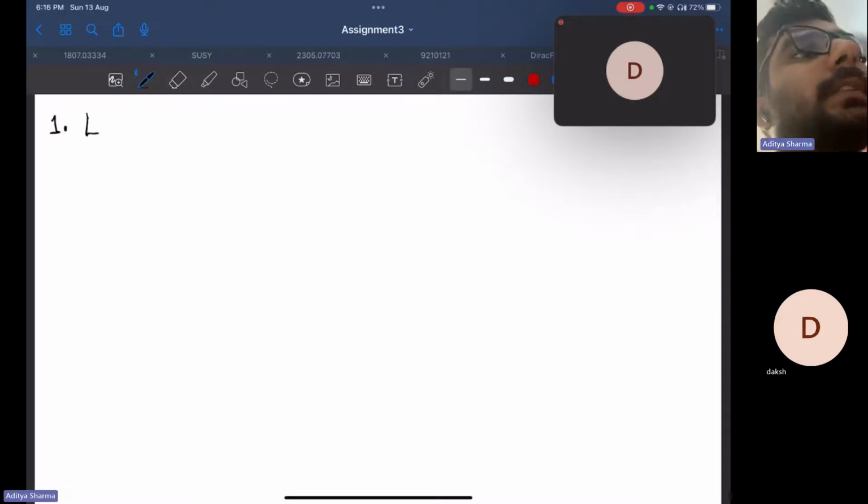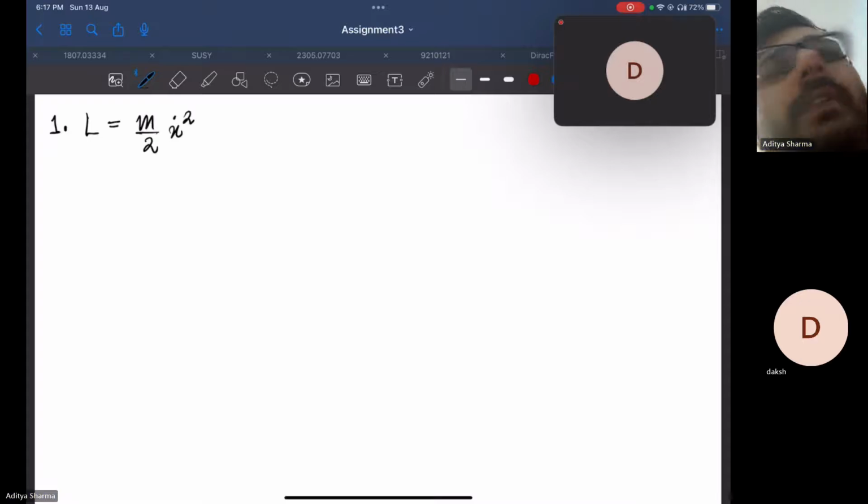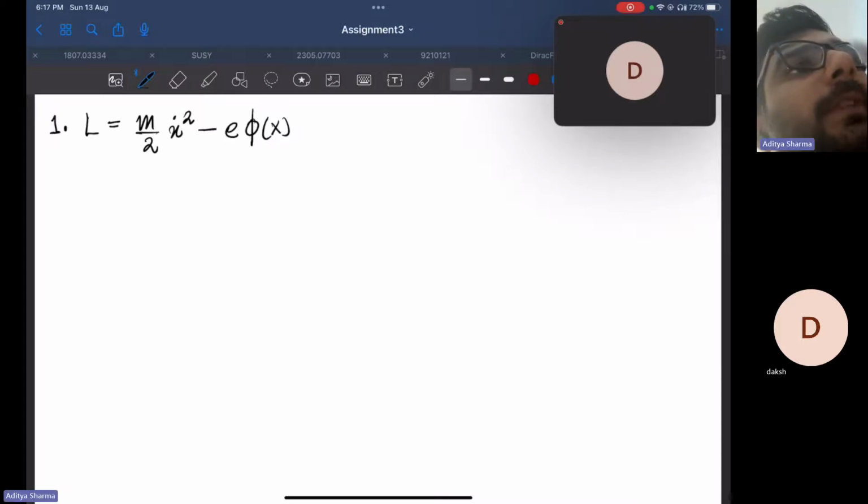So we have a Lagrangian L, and it is a Lagrangian for a charged particle. It is moving with some velocity with charge E under the influence of this magnetic field, with the potential phi x and A.